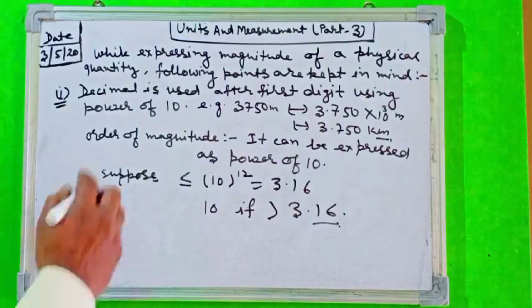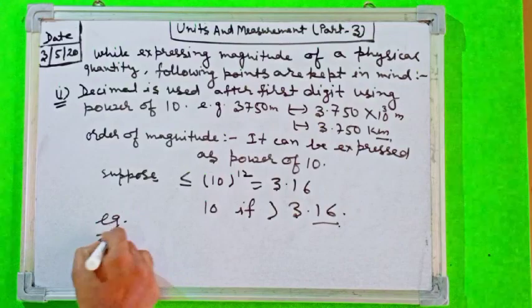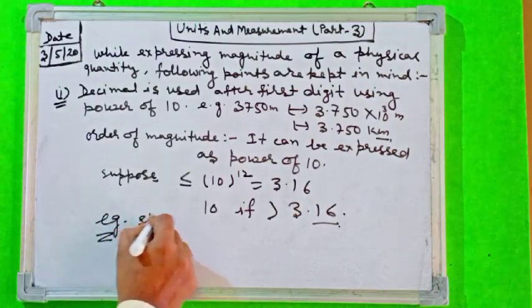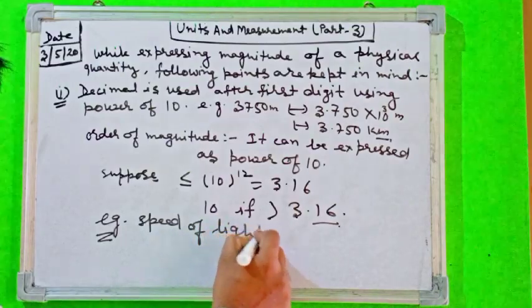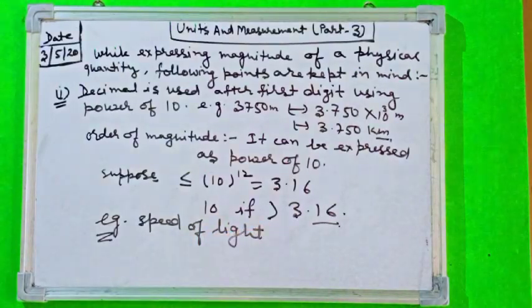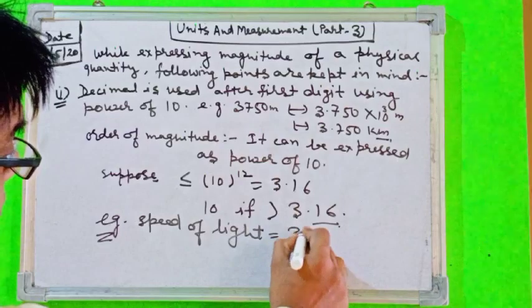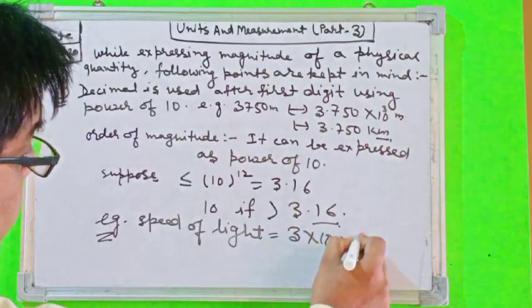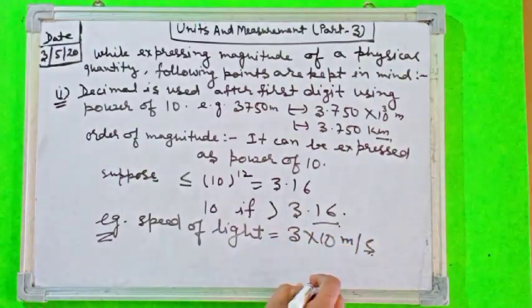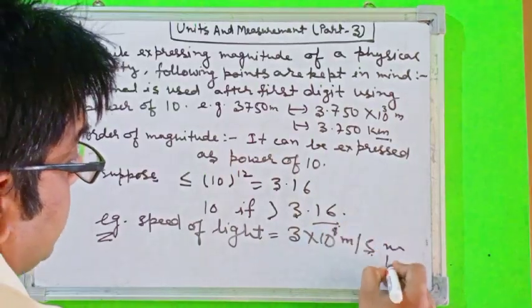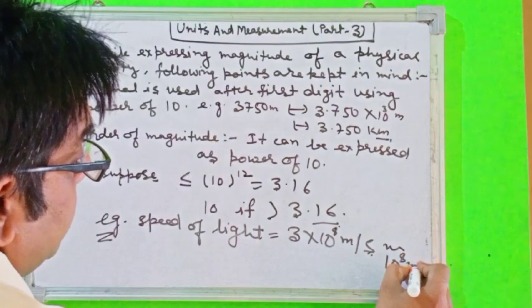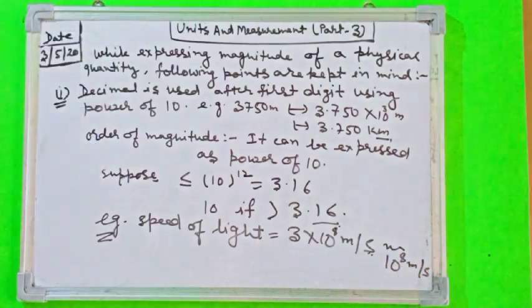So for example, the speed of light is 3 into 10 to the power 8 meter per second. So it can be expressed as 10 to the power 8 meter per second.